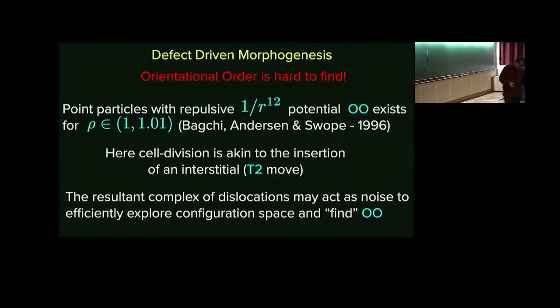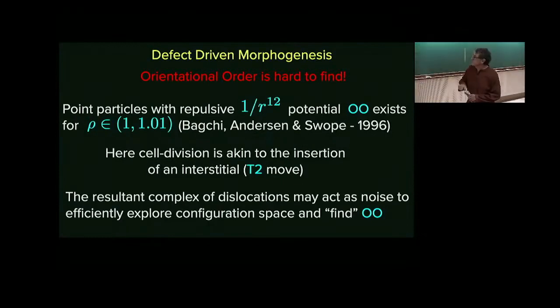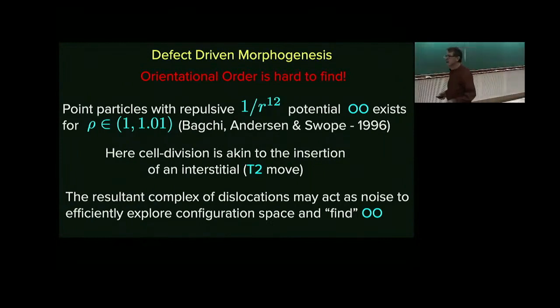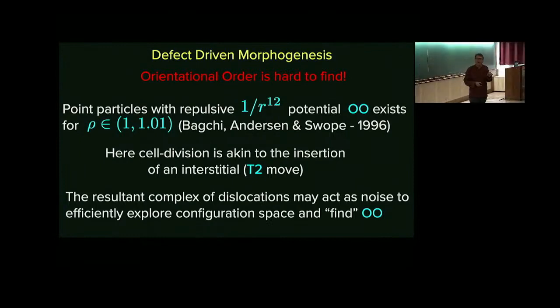Now, how is this possible? In equilibrium systems, these hexatic phases are very, very hard to find. For example, if you look at Lennard-Jones point particles with a repulsive 1/r to the 12th potential, this was studied in the mid-90s by Bagchi, Andersen, and Swope, Hans Christian Andersen, from Stanford, chemist.